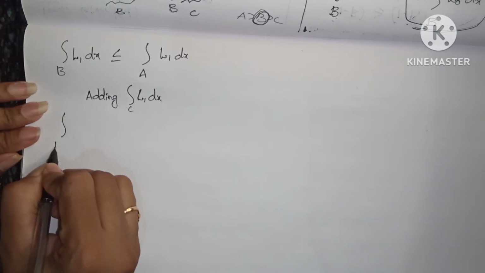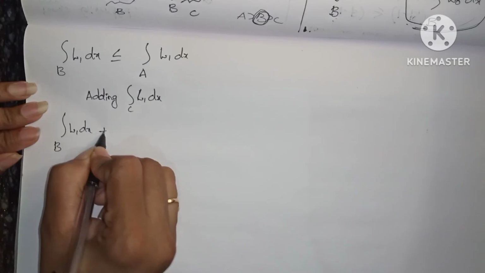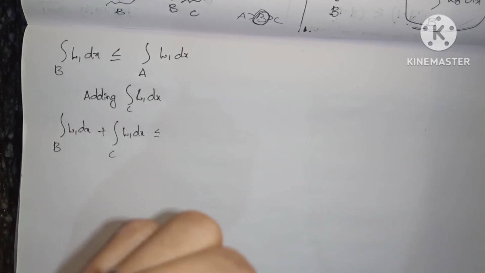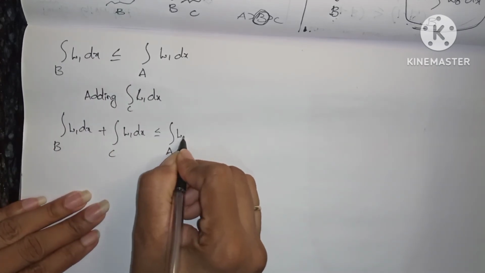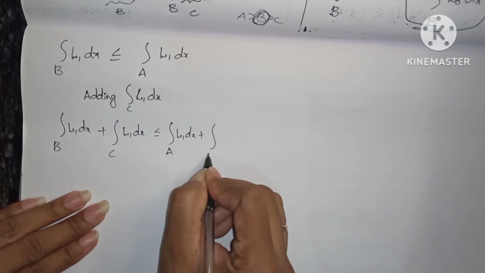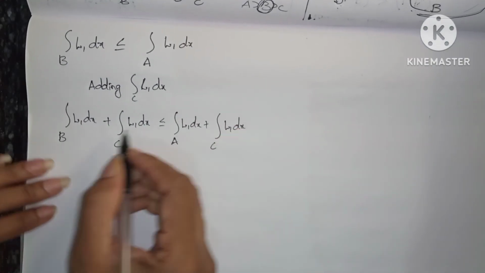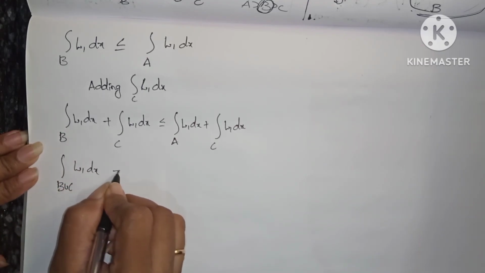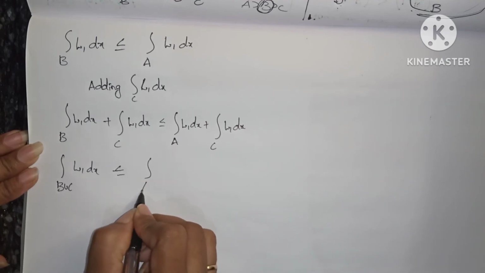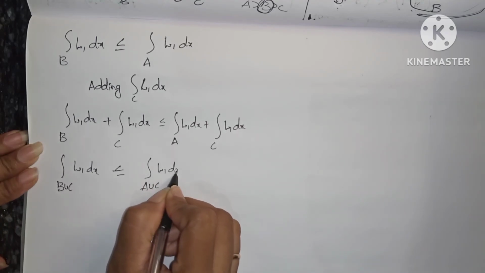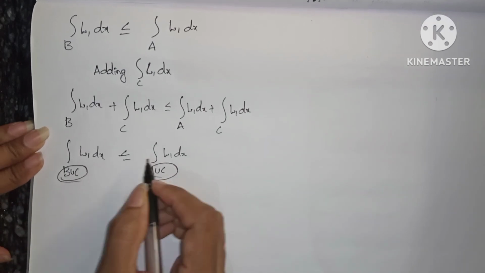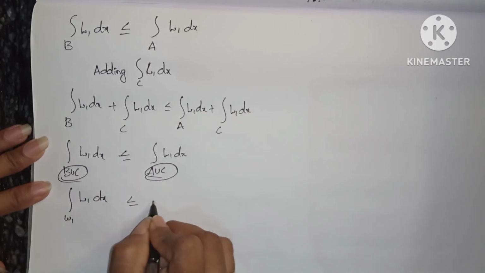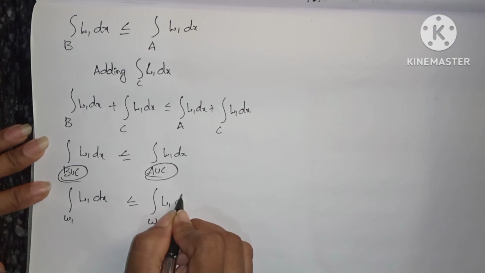So integration B L1 dx plus integration C L1 dx less than or equals to integration A L1 dx plus integration C L1 dx. If we combine this, we get integration over B union C of L1 dx less than or equals to integration over A union C of L1 dx. So B union C means omega 1, L1 dx less than or equals to omega L1 dx.